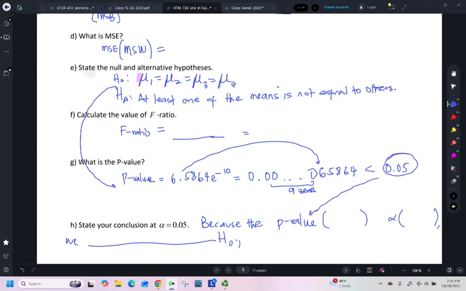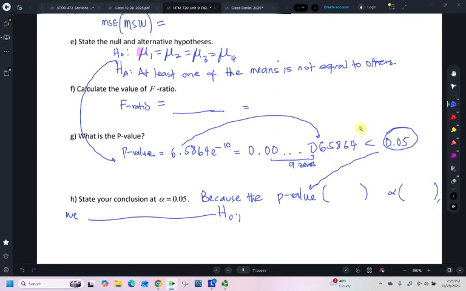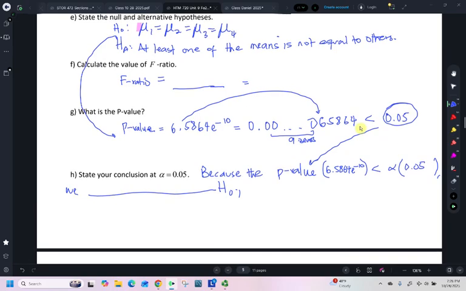Well, we can state our conclusion here. The p-value is 6.5864 e minus 10. And this is considerably less than alpha. What do we do? We reject the null hypothesis in favor of the alternative.